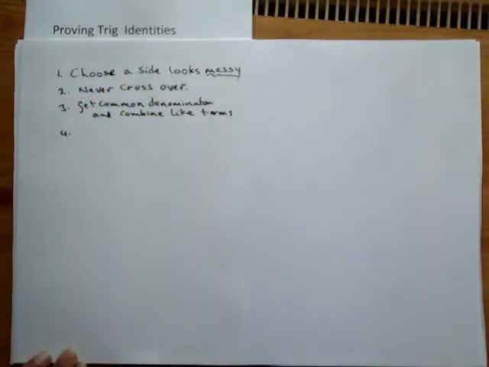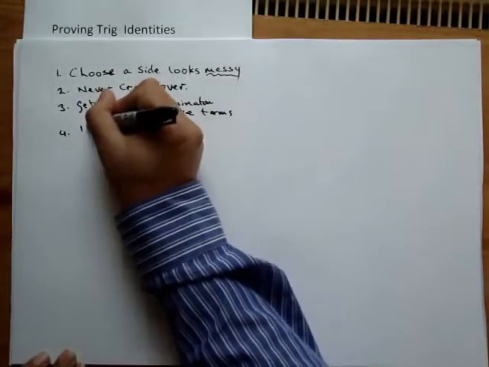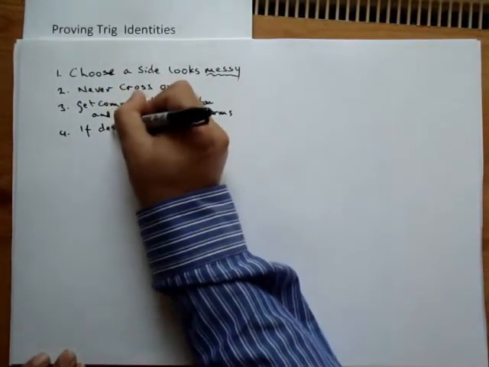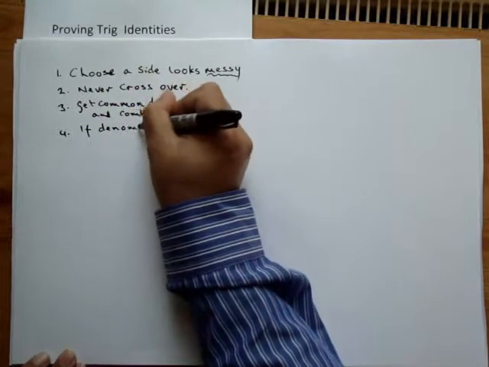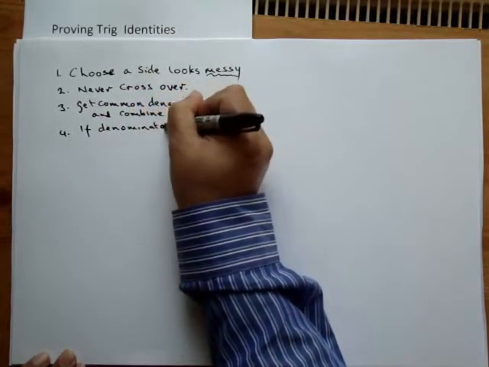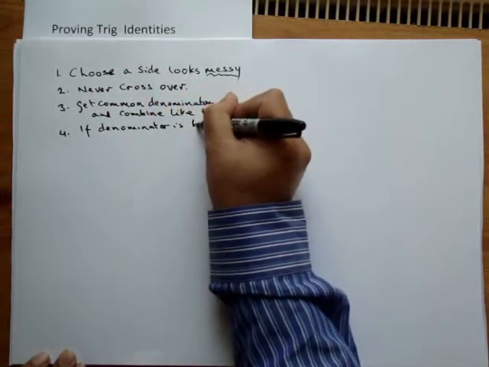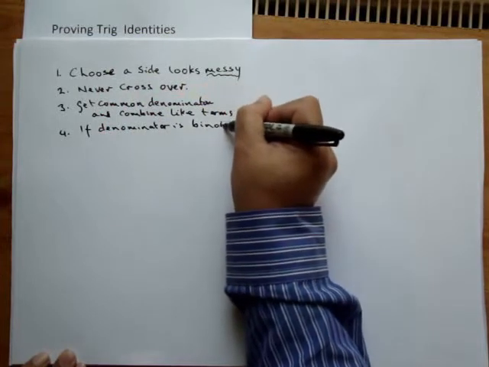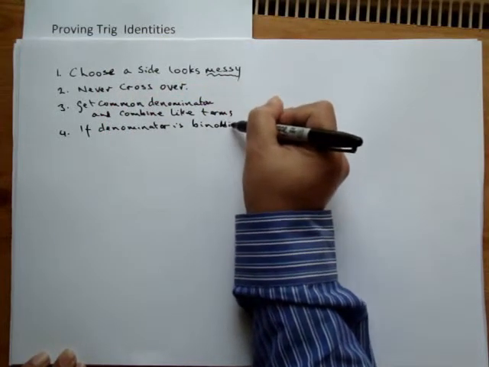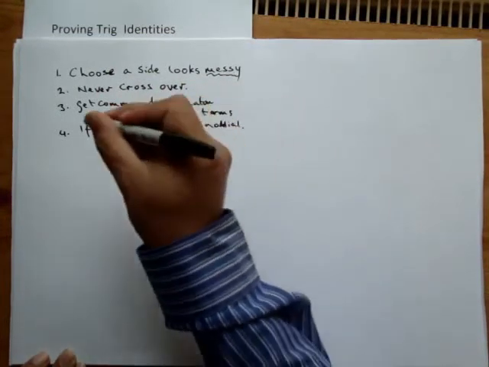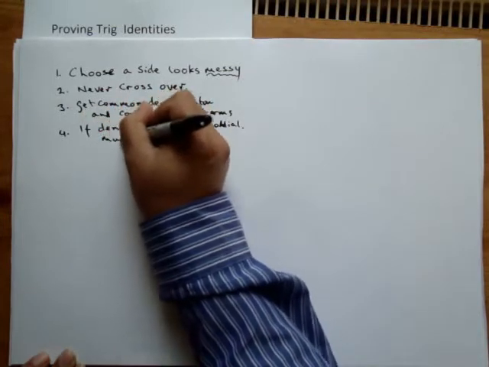And fourth, if the denominator is a binomial, multiply by the conjugate.